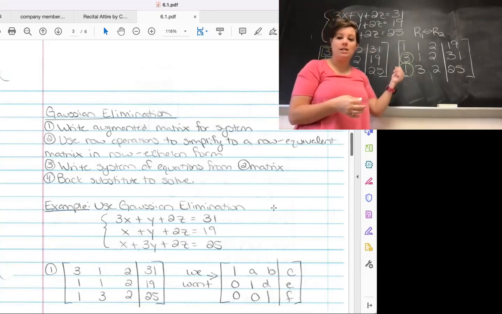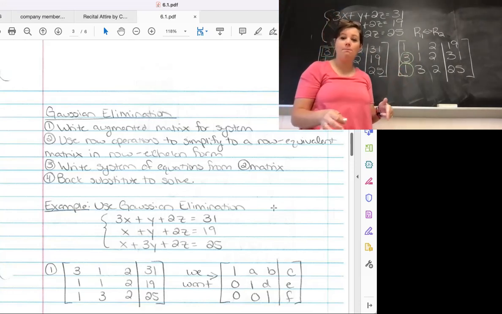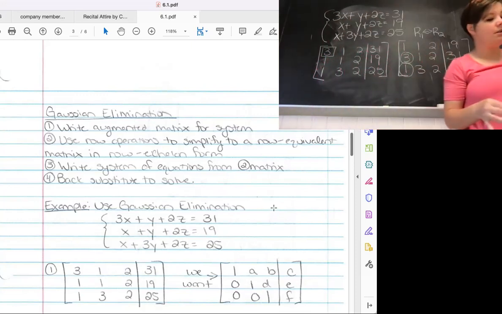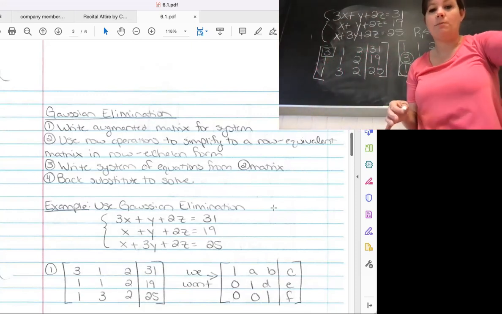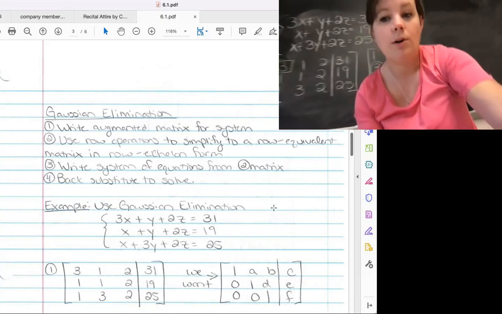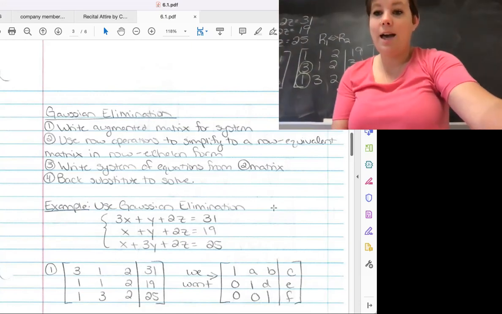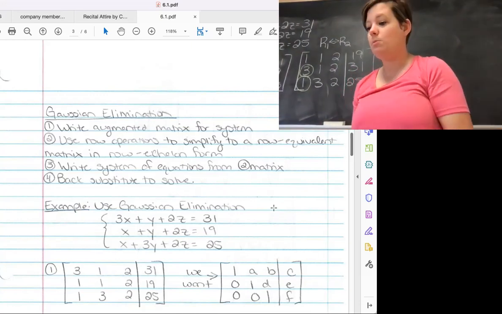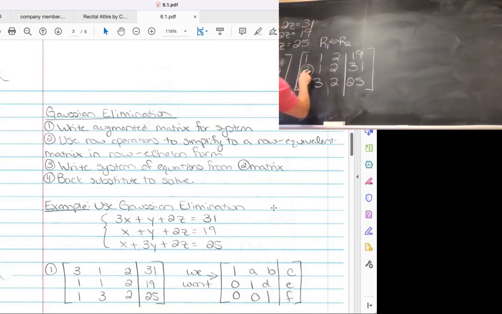If you see that you need to get a 0, you're going to use that third row operation. You're going to have to multiply one of your rows by a constant and add it to that other row to get that to be a 0. So what do I add to 3 to get to 0? Well, you're going to add -3. So that means I need to multiply row 1 by -3 and add it to row 2.